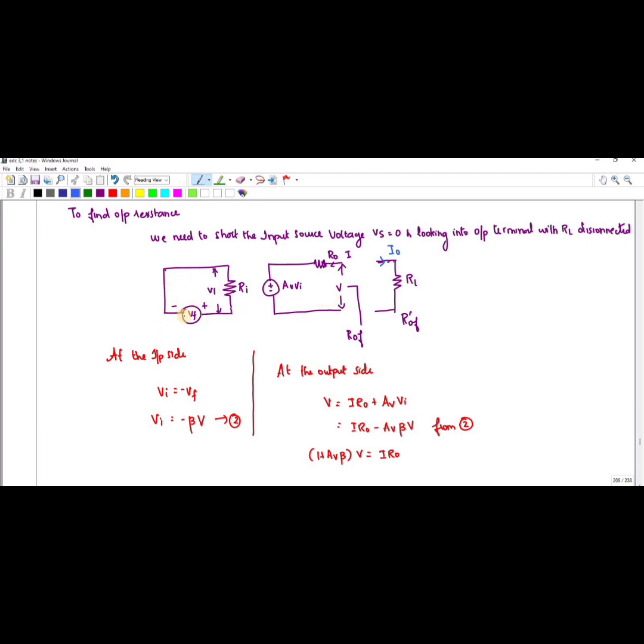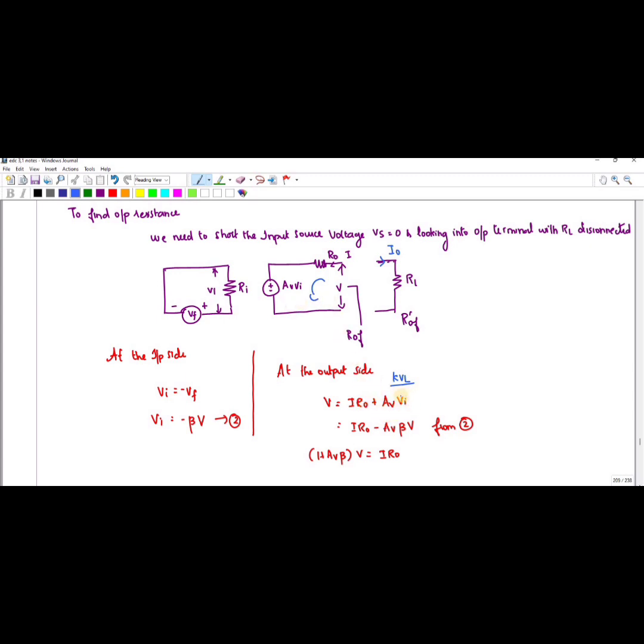At the input side, if I solve, I will get Vi = -Vf, where Vf = beta V, because now it is not V0, it is V. At the output side, by applying Kirchhoff's voltage law, V = I R0 + Av Vi.